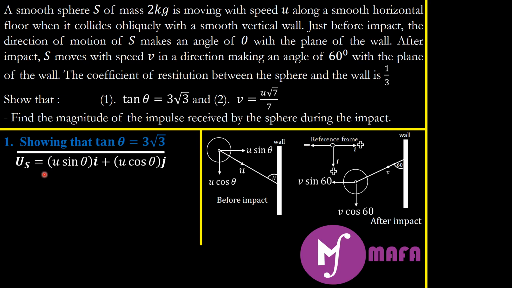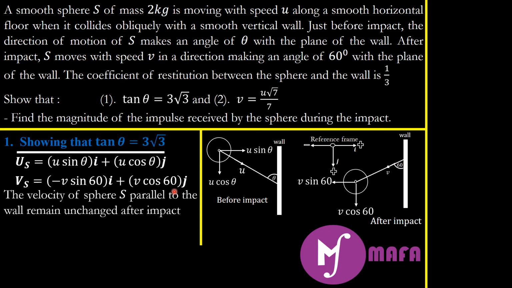What about the final velocity of the sphere? Horizontally it is now in the negative direction according to my reference frame, so it is negative v sine 60 i, plus downward is still positive, so v cos 60 j. So I've gotten the initial and the final velocity of my sphere. Now we need to analyze.